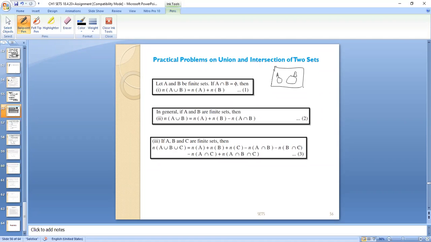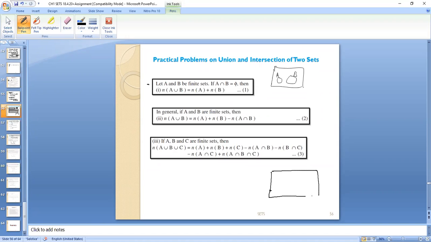This is the formula you have to keep in mind: if A intersection B is empty, that means the two sets are disjoint, the number of elements in A union B will be equal to the number of elements in A plus the number of elements in B.